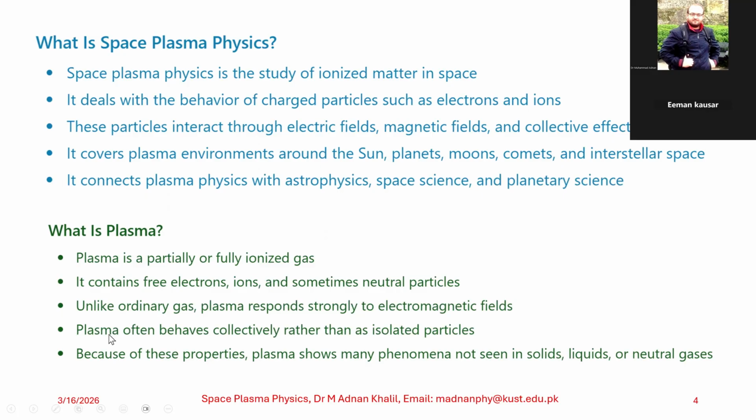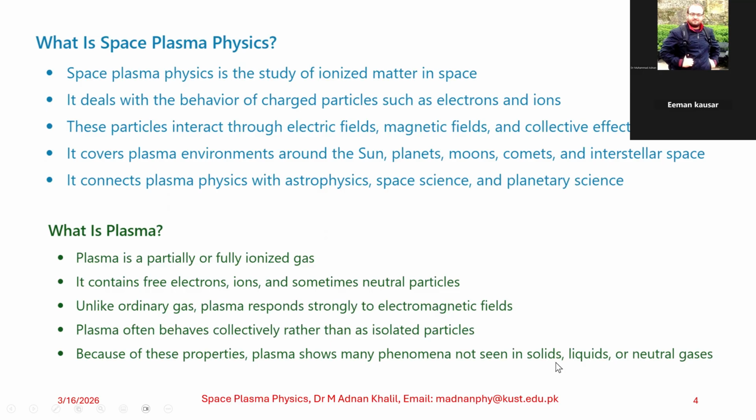Now, because the interaction is collective, plasma often behaves collectively rather than as isolated particles. Because of these properties, plasma shows many phenomena not seen in solids, liquids, and neutral gases. That's why we call it an independent state. Sometimes we call it a fourth state, because it requires a completely new description for the particle dynamics.